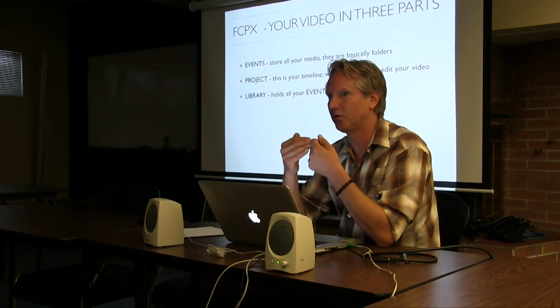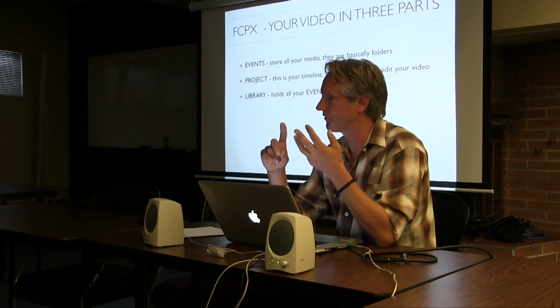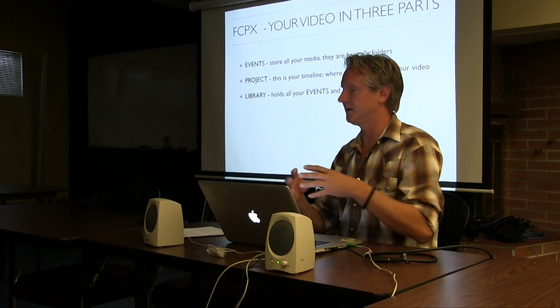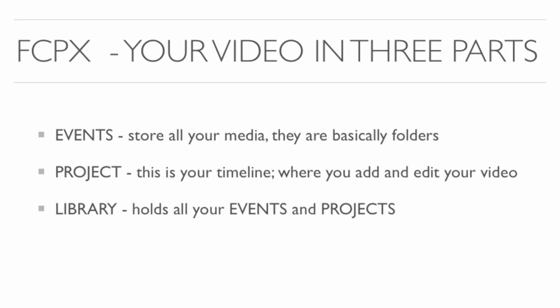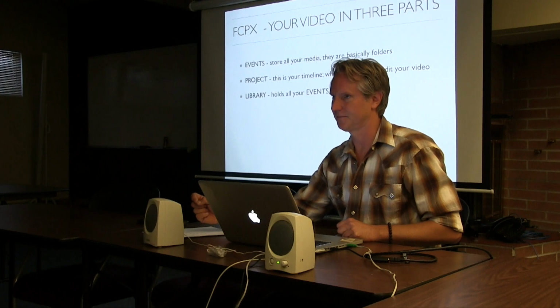If you're going to import music, if you're going to import your video files, if you're going to import graphics, whatever you bring in, you put it into an event. Think of an event as a folder. Whenever you start a new timeline, and a timeline is where you're going to be editing your video, that's going to be called a project.